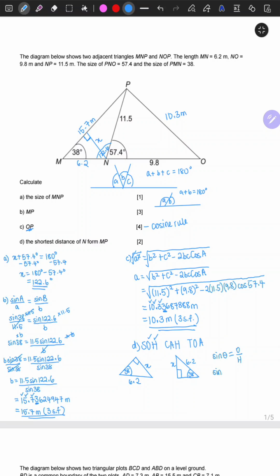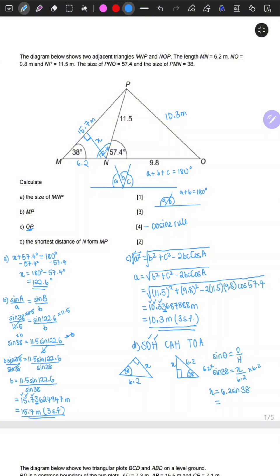Let me start with sine 38 is equal to the opposite, which is x, over the hypotenuse, which is 6.2. So we're going to make x the subject of the formula. So times 6.2 on both sides. We're going to have x is equal to 6.2 sine 38, and then put it into the calculator.